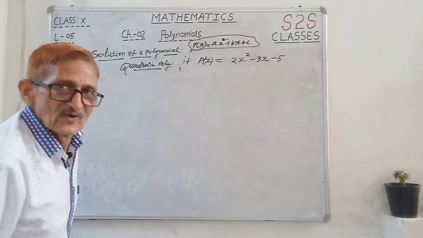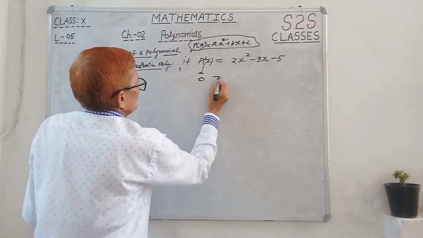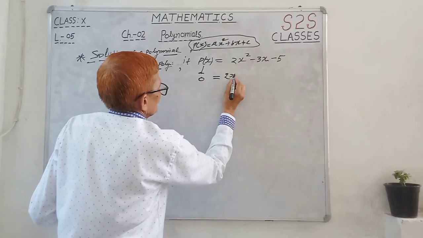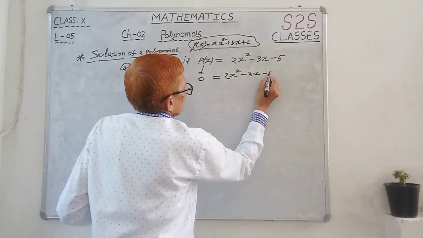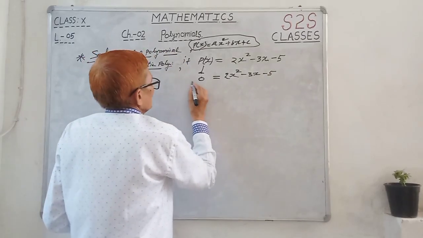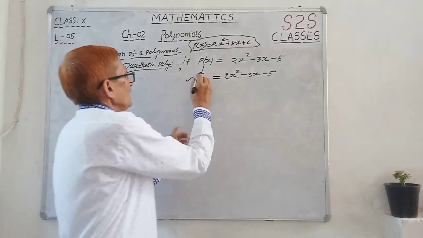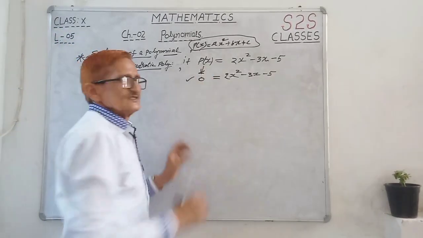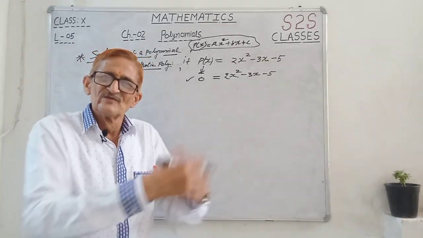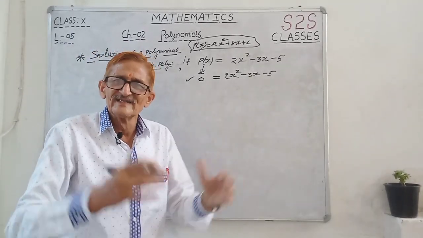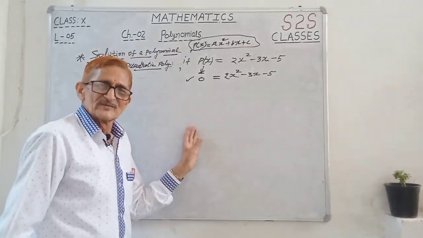It is a quadratic polynomial, but if we put 0 here, then it is a quadratic equation. Why are we putting 0? Because we have to find the zeros. This is the method to find the zeros. We put the polynomial equal to 0, and the values of x for which it is 0 are called the zeros of that polynomial.